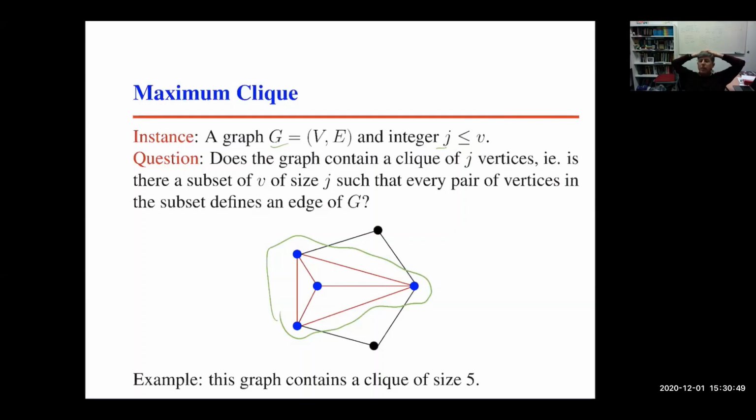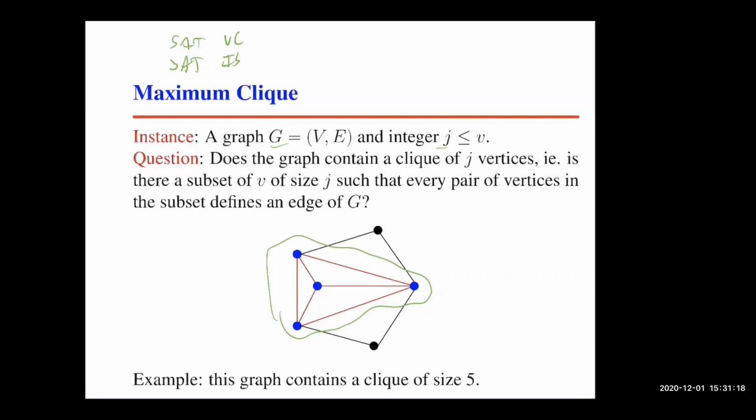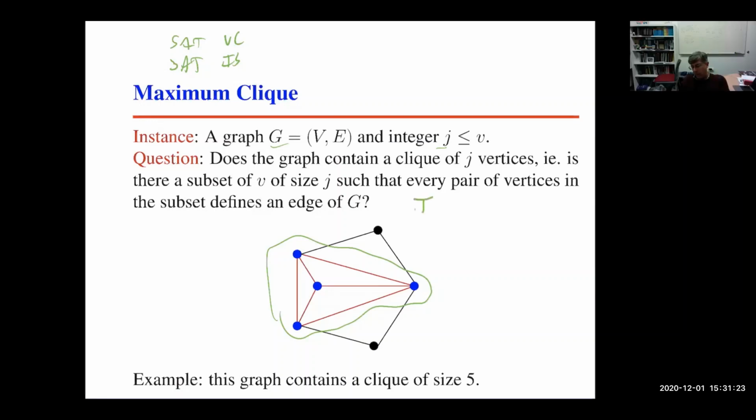Someone said independent set. What are our possible Bandersnatches? I've got set, I've got vertex cover, I've got 3 set, I've got independent set. Which one of these smells most like the clique problem? Independent set. Why do you think independent set smells like clique?